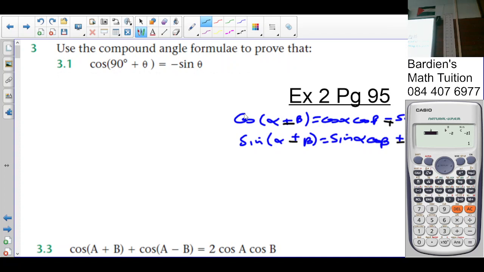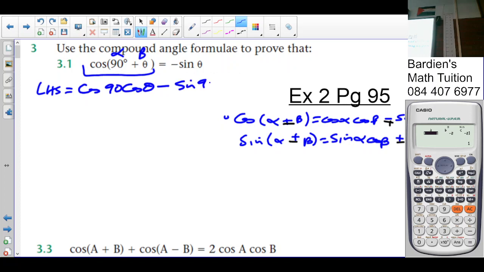Okay. So let's go with the first one here. Of course, the left hand side is more complex, not so? So we go left hand side, 90 plus theta. So it's going to be cos of 90 plus theta. Your alpha angle is 90 and your beta angle is of course theta. So it's going to be cos of alpha, which is cos of 90, cos of theta, minus sine of alpha, which is 90, sine of beta, which is theta.